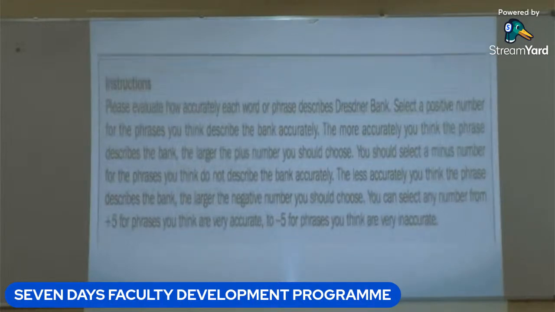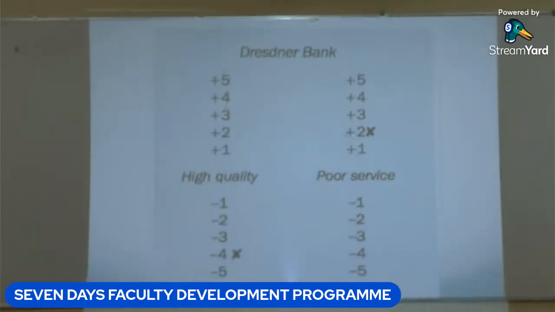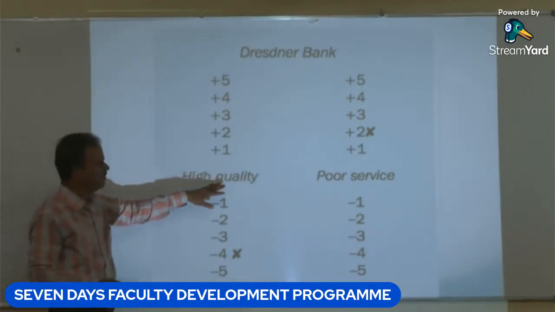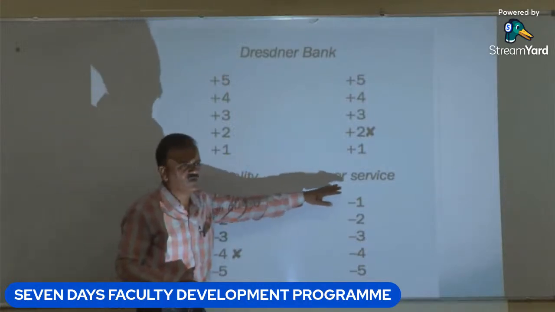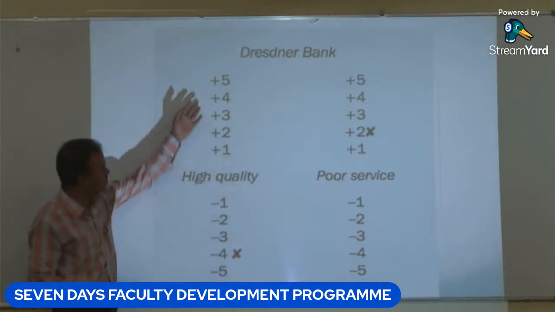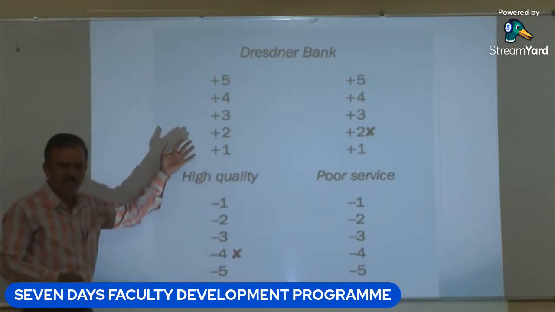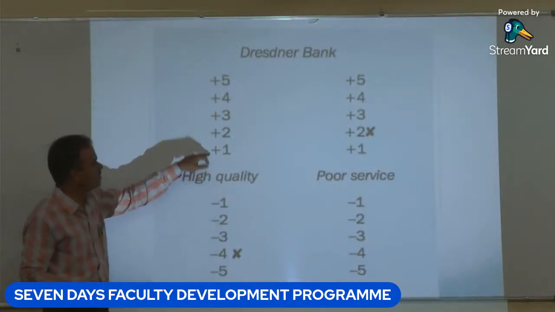Okay, these are the instructions you have to give them. For example, one is the quality related aspect, and the other one is the service. So you should specify these numbers earlier: -1 to -5, +1 to +5.